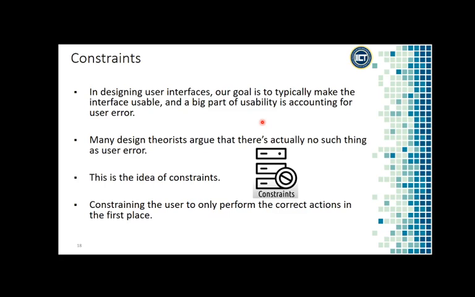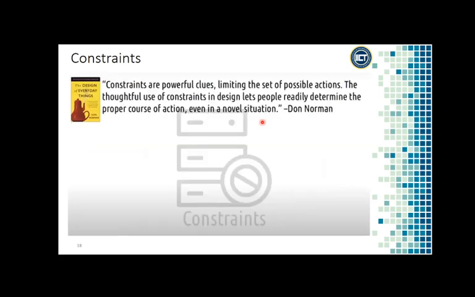Now, one way we can avoid error is by preventing the user from performing erroneously in the first place. So that's the idea of constraints, to prevent the error from happening, constraining the user to only perform the correct actions. Now Norman says that constraints are powerful clues, limiting the set of possible actions.